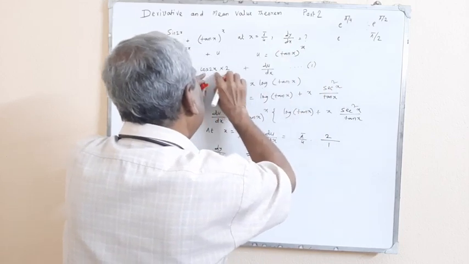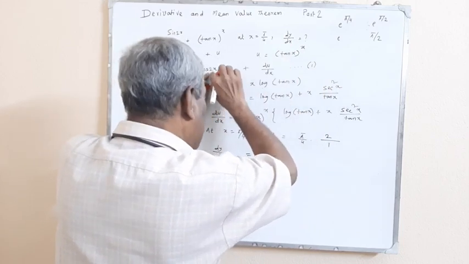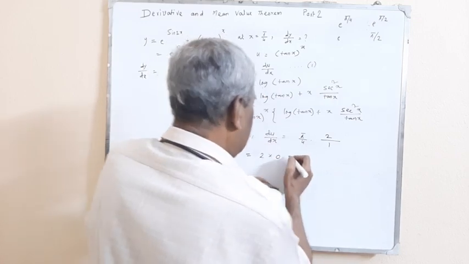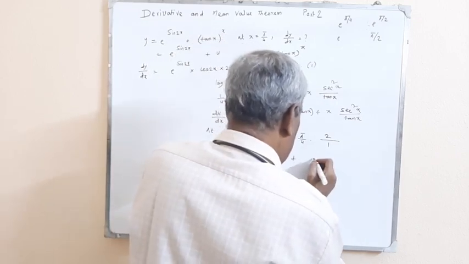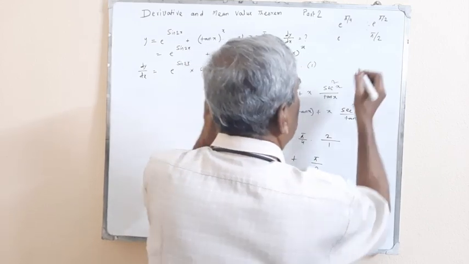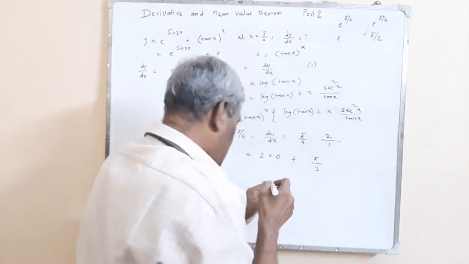This becomes 0, so this into 0 plus du/dx at that point, which is pi by 2. So our answer is pi by 2.